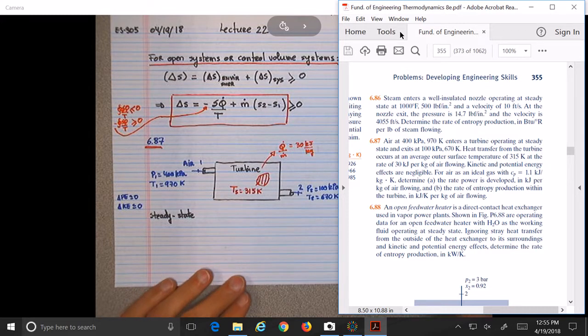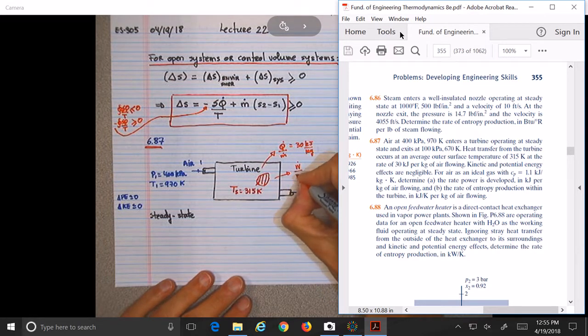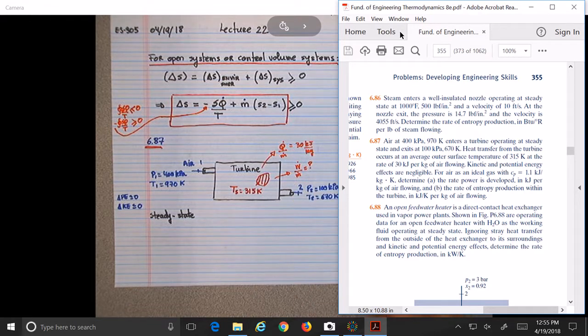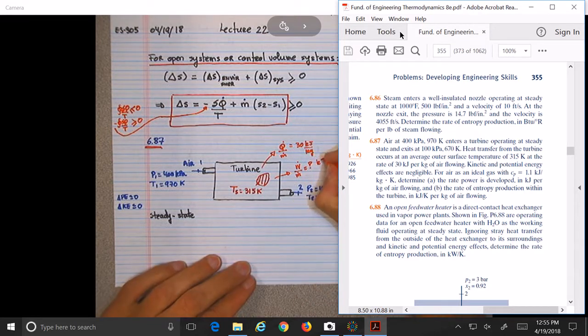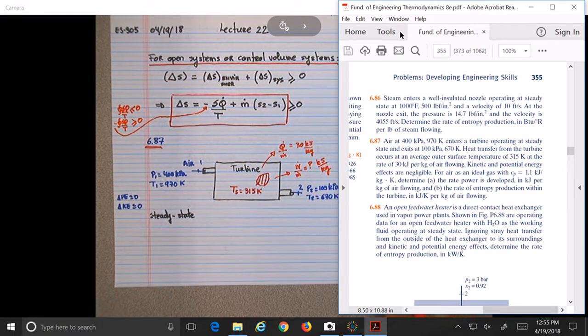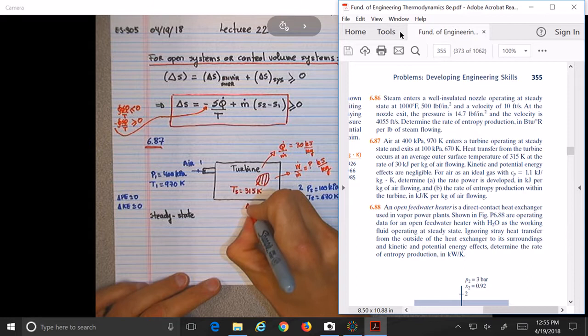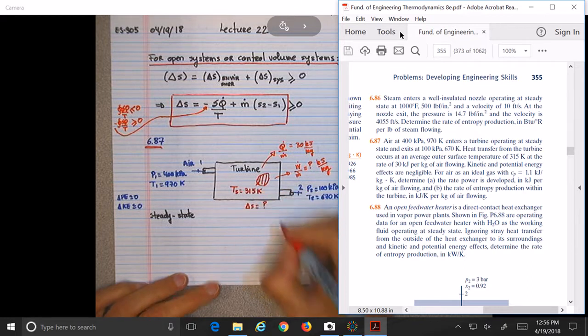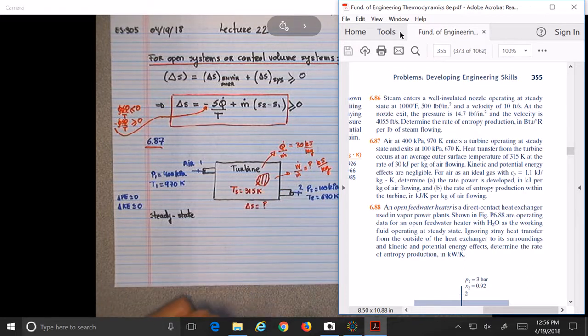So what do we need to solve for here? The amount of work in kilojoules per kilogram. And what else do we need to find? The entropy production within the turbine, and we need to solve for delta S.